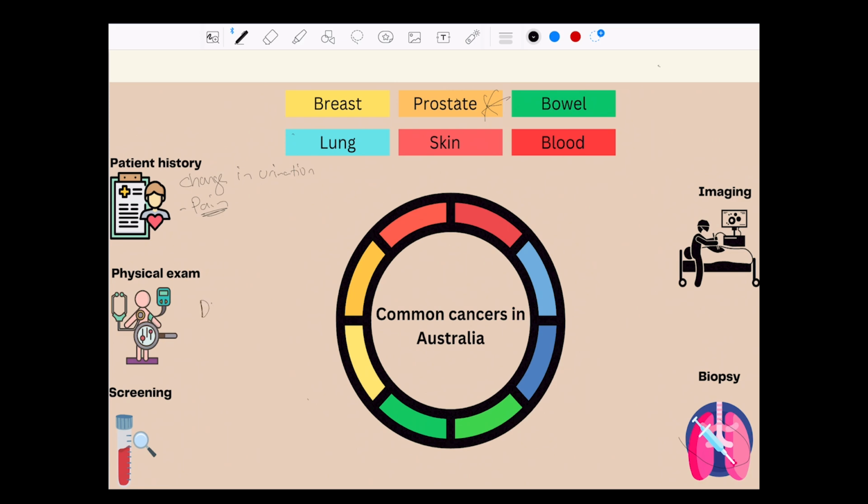Physical exam would be a digital rectal examination, so that would be performed by the doctor, and that would be suggestive of an enlarged prostate. Then we could do some screening, as I spoke about earlier, the PSA, which is just an antigen test in the serum. But it's important to note that PSA levels would be raised with anything going wrong with the prostate. So with benign prostatic hyperplasia, which is not cancerous, PSA would also be high, so would an infection of the prostate.